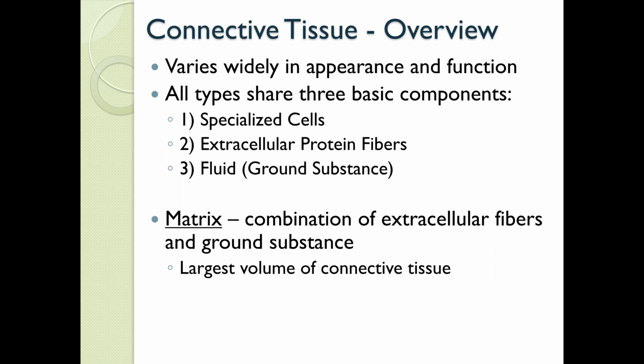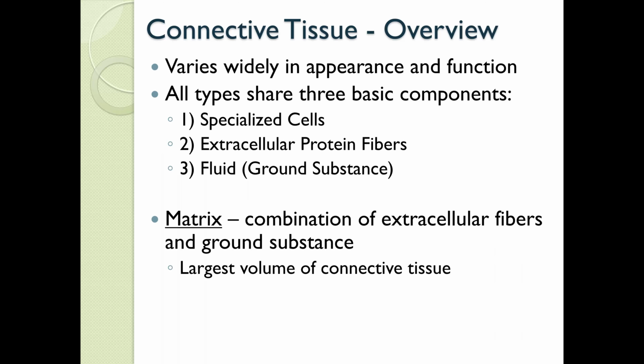The matrix is the term for the fibers plus the ground substance, so the stuff that is not cells. So the matrix is the combination of the extracellular fibers and the ground substance, and in connective tissues, the matrix usually forms the largest volume. So when we looked at epithelial tissues, we were all about the cells.